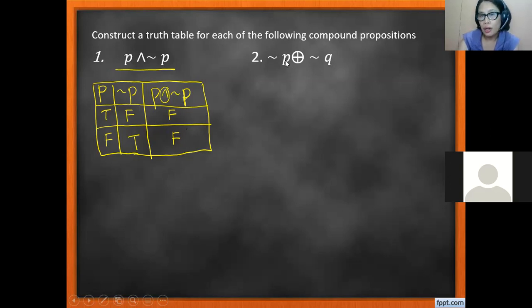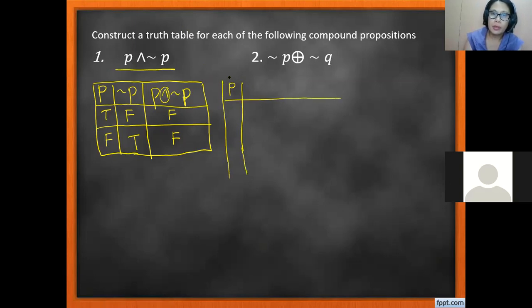So this is now the truth table that we are asked to construct. Now, since we are using two statements P and Q here, we're going to expand the table. We're going to create four rows, providing P as true and false, Q as true and false also. So for P, true, true, false, false.